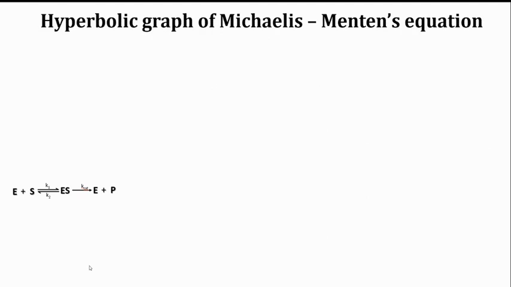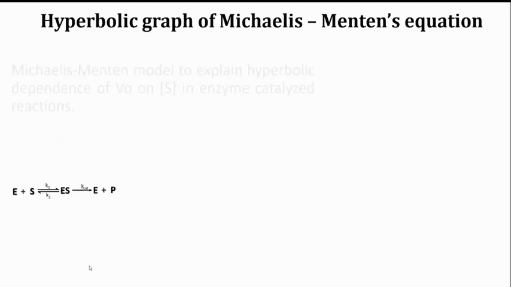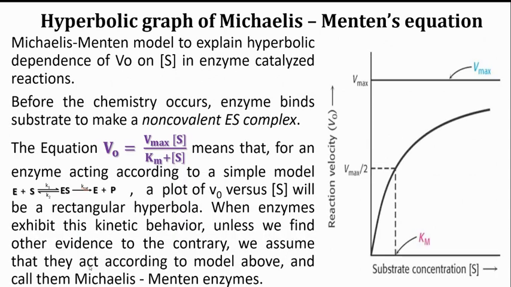Now in this equation, when you make a plot of V against S, you're going to have a plot that looks like this, which is a rectangular hyperbola.